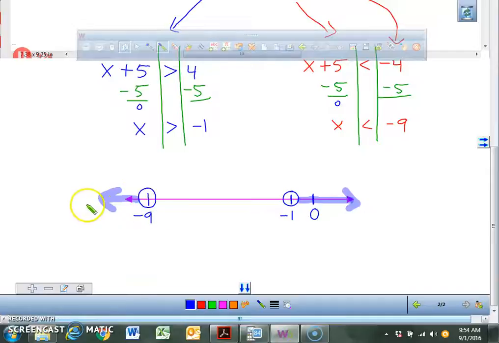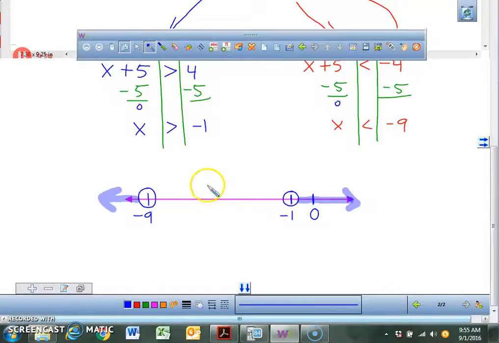One is going less than, one is going greater than, which means this is not an and statement. This is an or statement. This means this is a solution or this could be a solution. We're going to write this one differently.